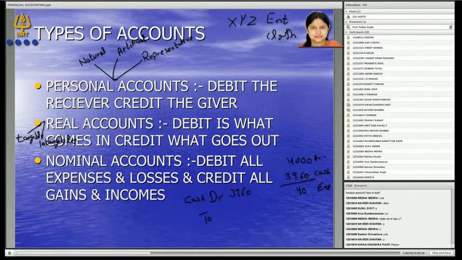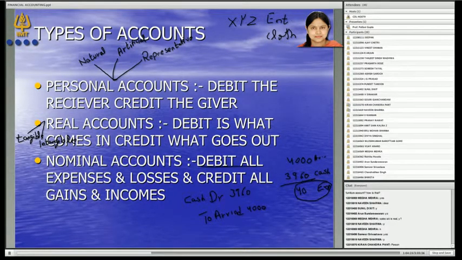Arvind is the giver, so I will credit Arvind 4000. And 40 is the expense, that is a discount he has taken.